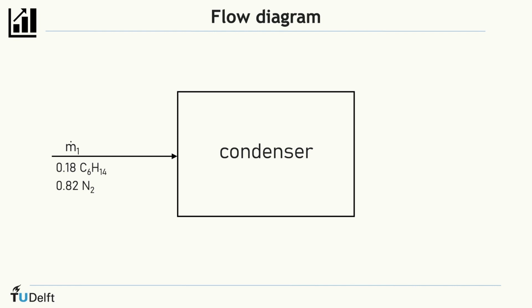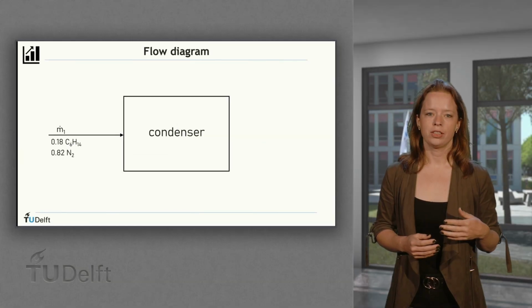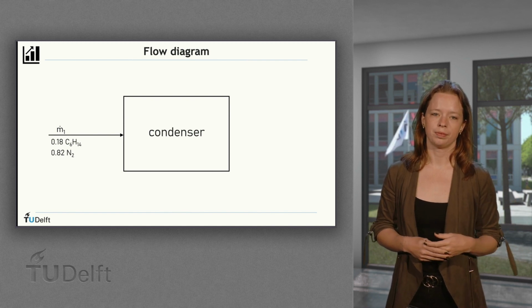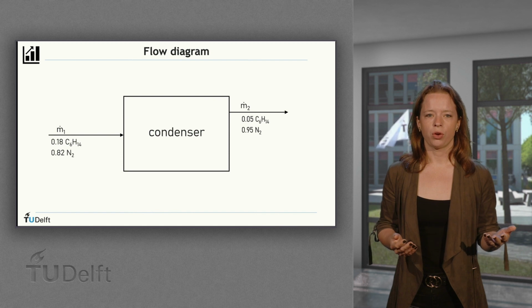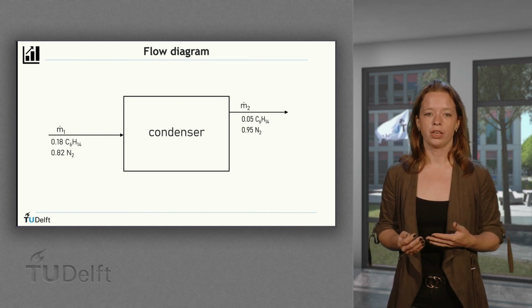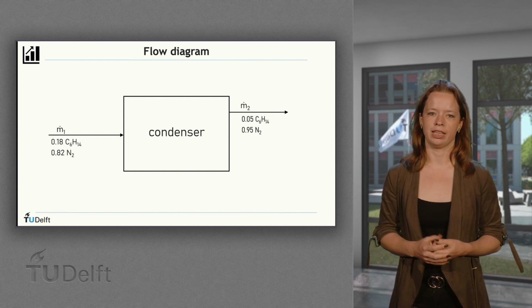We were not told how many kilograms per minute were flowing into the condenser, so we denote this unknown quantity with ṁ1. The dot on the m tells us that we're dealing with a flow rate, so an amount per unit time. The process description also told us that a gas stream with unknown flow rate, ṁ2, containing hexane with a mass fraction of 0.05 came out of this condenser.